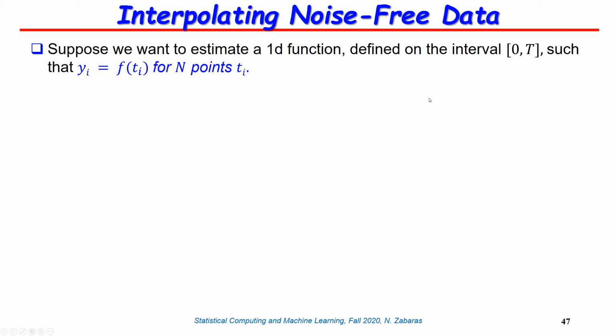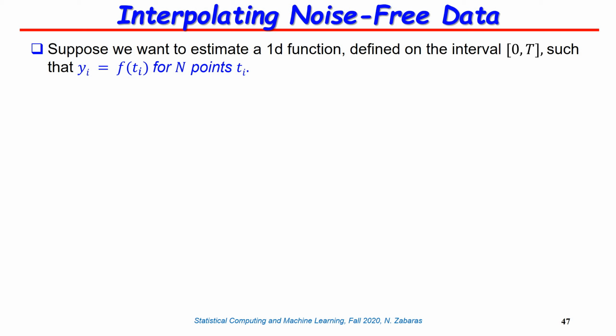The problem that I want to address is: I give you the values yi at some times, and then you need to compute for me the values of y at the remaining times on that interval from 0 to t.